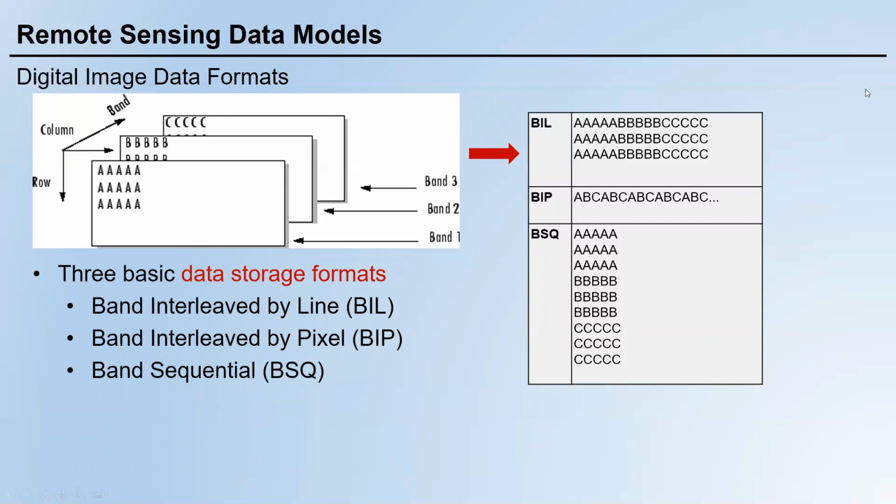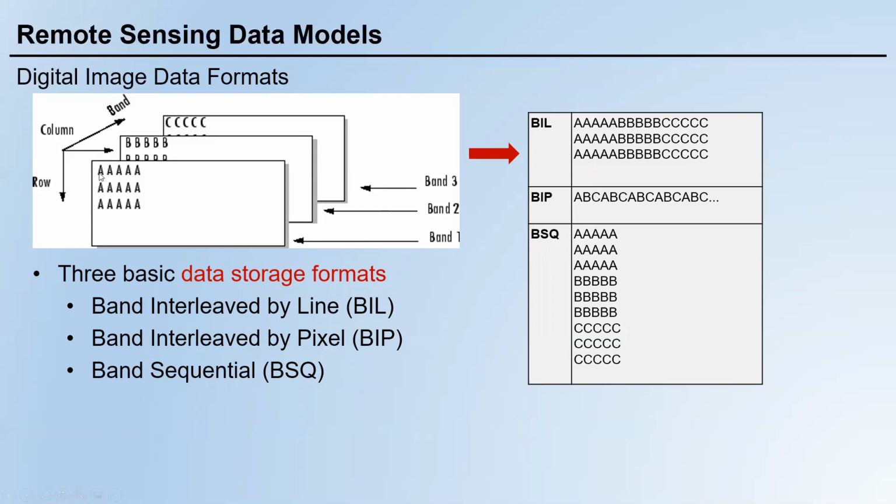So if you are using BIP format, it's by pixel. It means I will just store the value of pixel 1 for band 1, which is A, then pixel 1 for band 2, which is B, right? And I will store the value for pixel 1 for band 3, which is C. What is pixel 1?